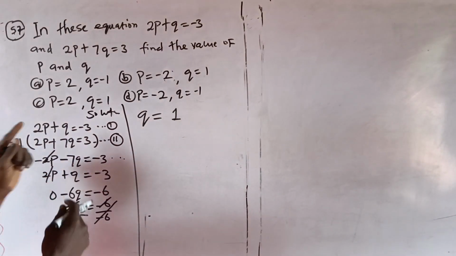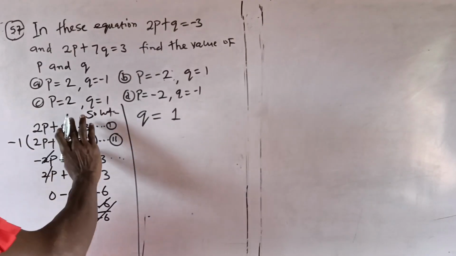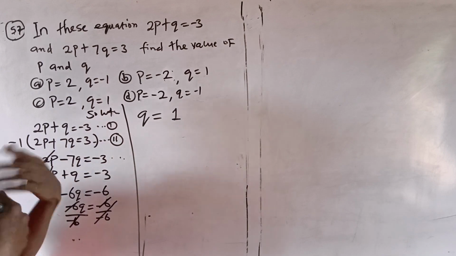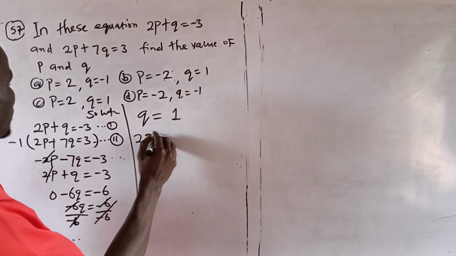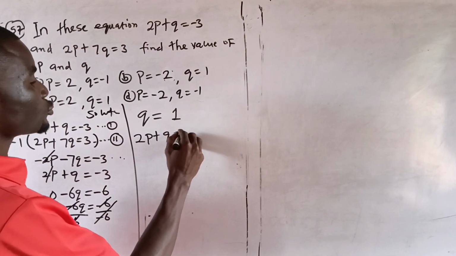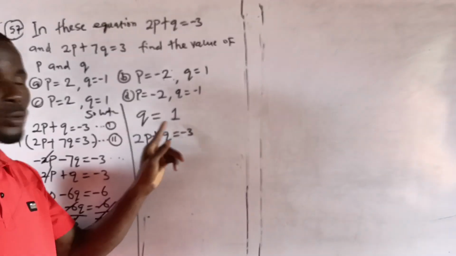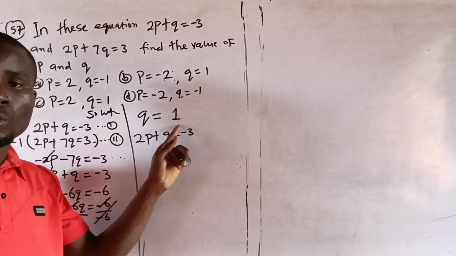So now let's get the p, which is the second unknown. So we can use any of these equations. Either we use equation 1 or equation 2 to get it. Let's use equation 2p plus q equals to minus 3. So don't forget, anywhere you see your q, you substitute it with 1.